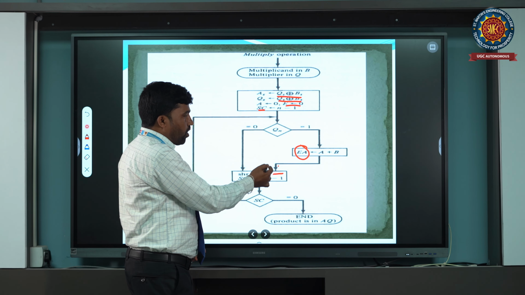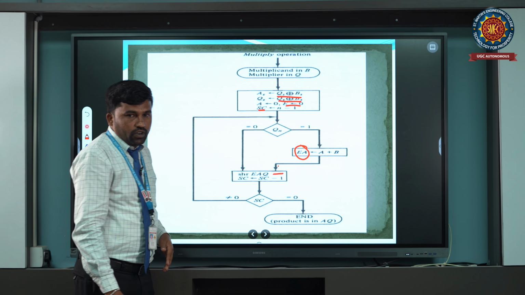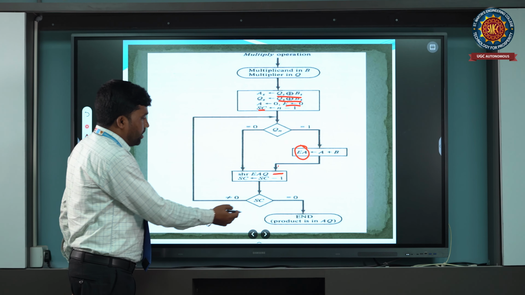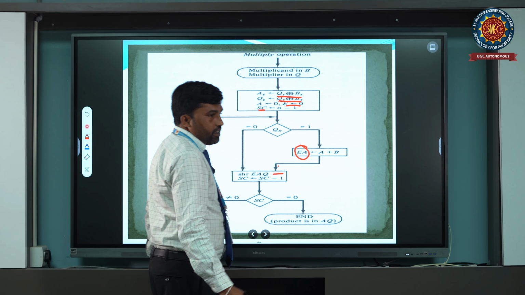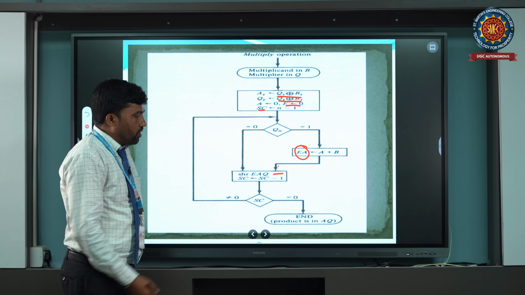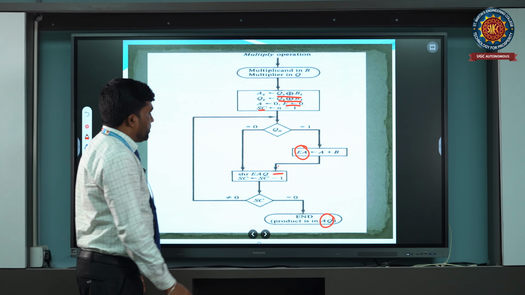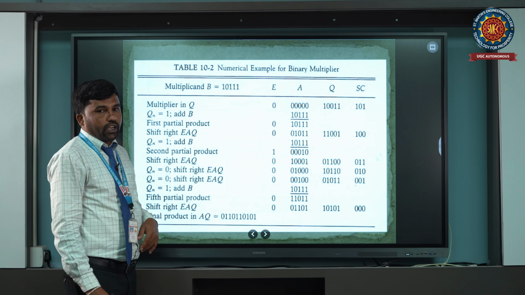Again we do the process, and finally we get the product in AQ. So finally the product is AQ. See here the next example of the multiplication algorithm.